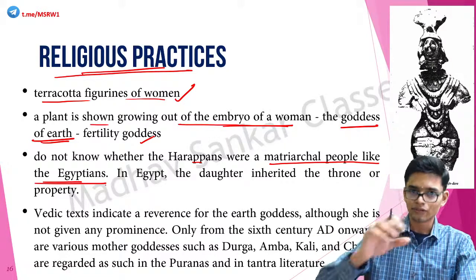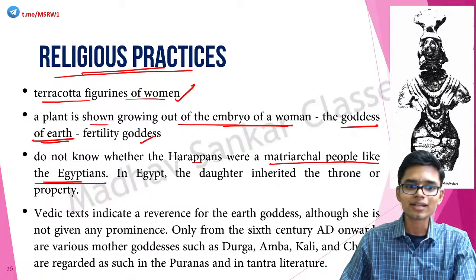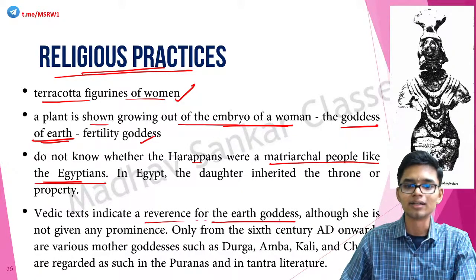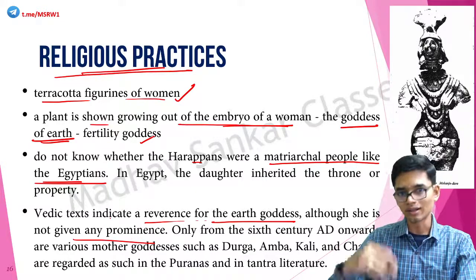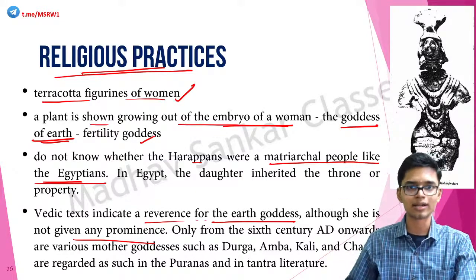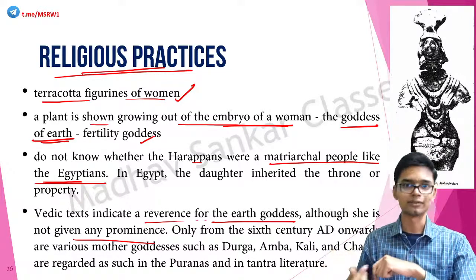Vedic texts come later, but in the Vedic text, it indicates a reverence for Earth goddess, although she is not given any prominence. And other goddesses such as Durga, Amba, Kali, all these goddesses come only later, in the 6th century AD.